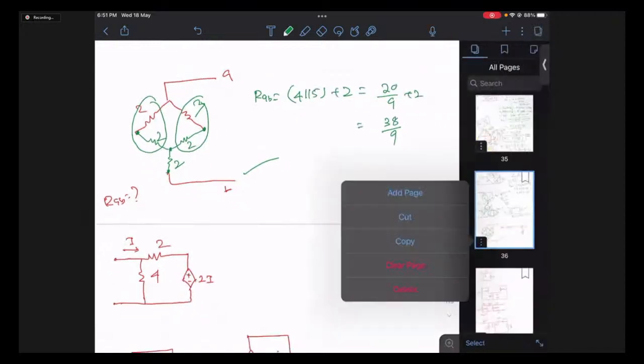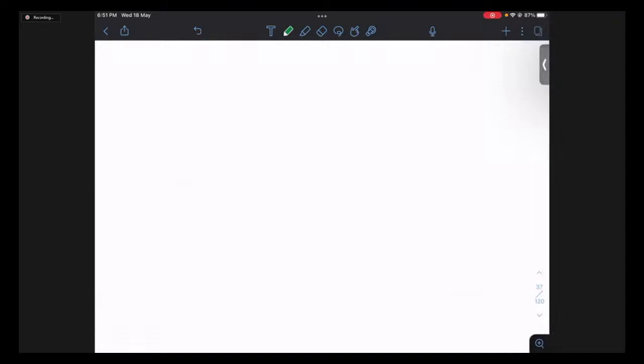Okay, one more concept I want to explain to you. For that, let me take a balanced bridge actually.